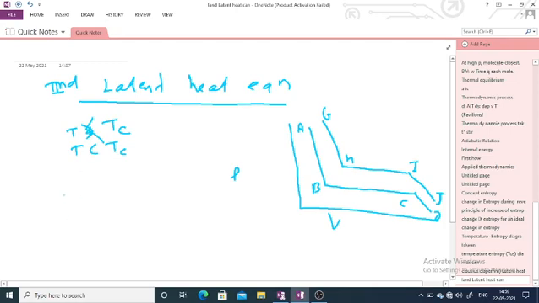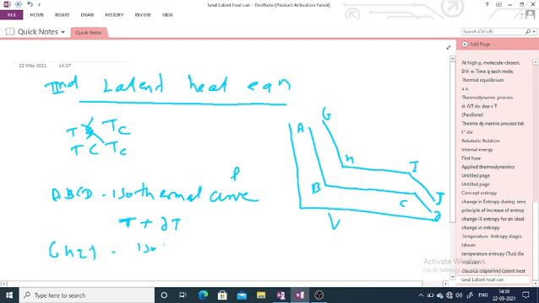Suppose once again ABCD is your isothermal curve at the temperature T plus dT. The explanation is the same. GHIJ is also an isothermal curve at the temperature T. Here the pressure is P plus dP, and here the pressure is P. Here is the liquid state, here is the gaseous state.